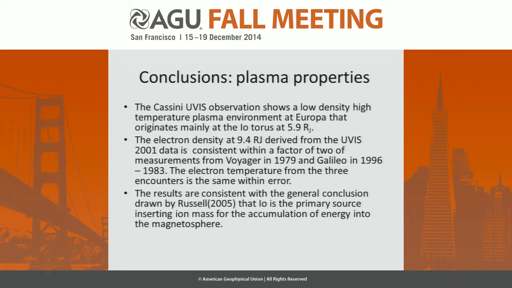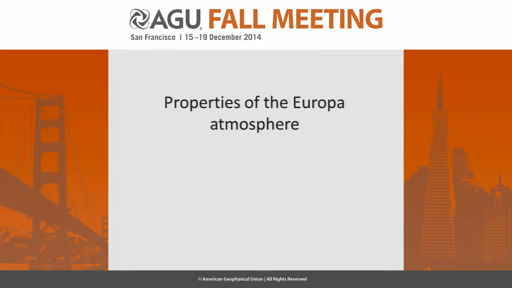We really can't tolerate neutrals in that system at any density greater than about 3 per cc. Electron densities are consistent with what we see at Voyager and Galileo. Temperature is the same within error in that plasma sheet, 250,000 degrees. And so it's in basic agreement with Russell's review in 2005 that Io is a driver for everything that's going on.